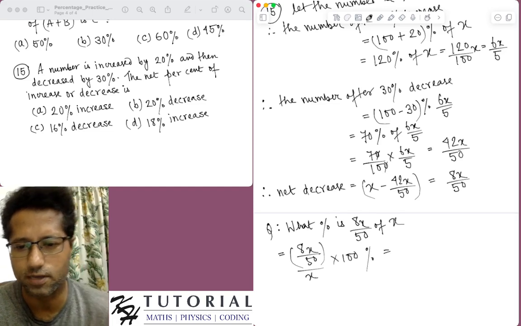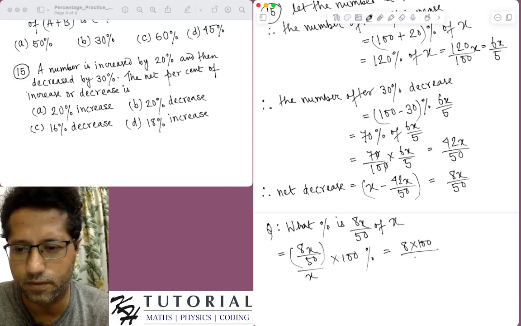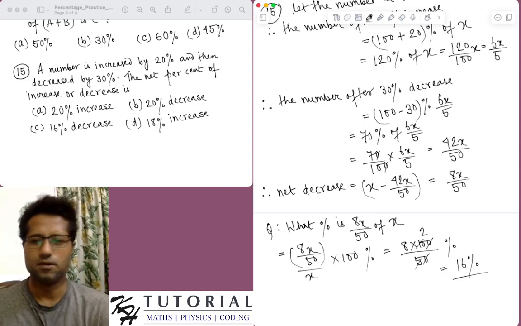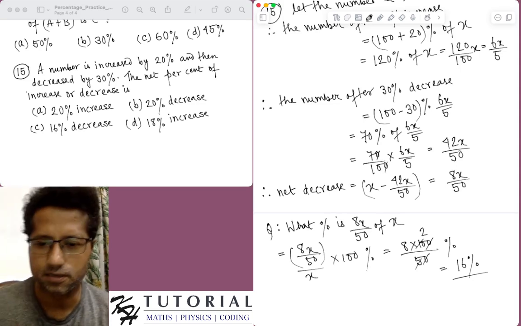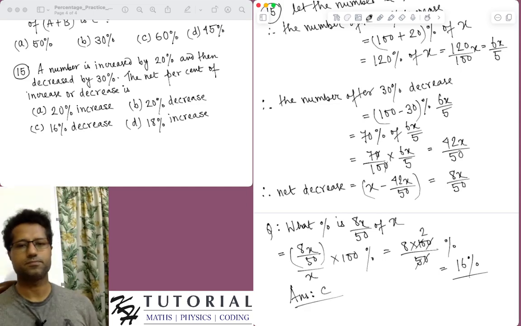Now x cancels out. So this becomes 8 into 100 divided by 50. This much percentage. So this cancels out and this is 2. This is 16%. So there is a 16% decrease. So the answer is choice C, 16% decrease.